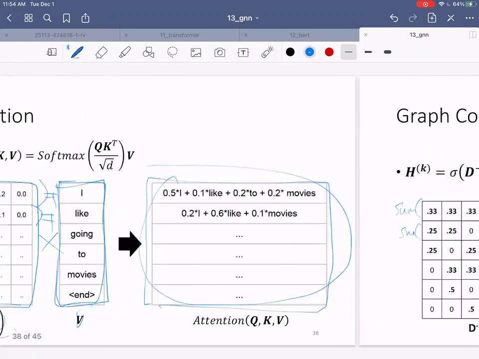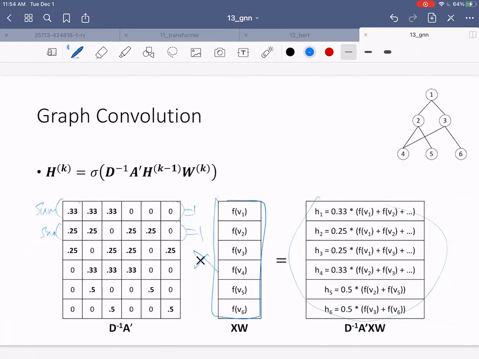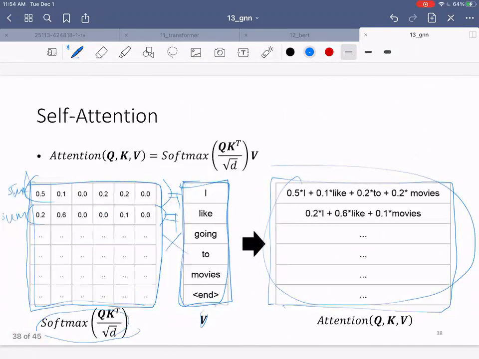The only difference is that in graph convolution, these values are fixed. In a transformer, you repeat self-attention multiple times by stacking 6, 12, or 24 blocks, and at each repetition the contents of this matrix change per block, because you're using different WK, WV, and WQ in each block.